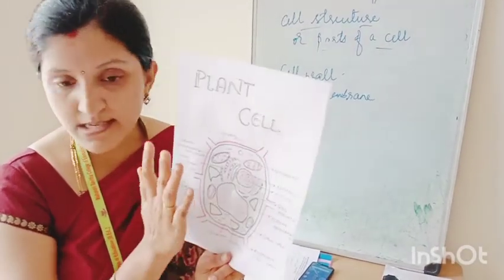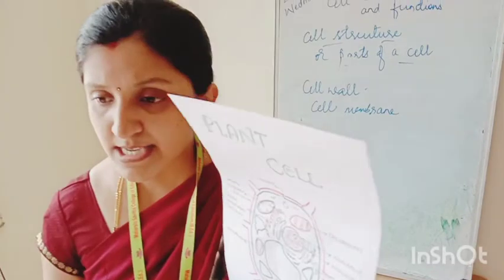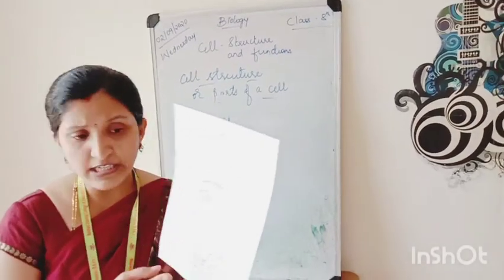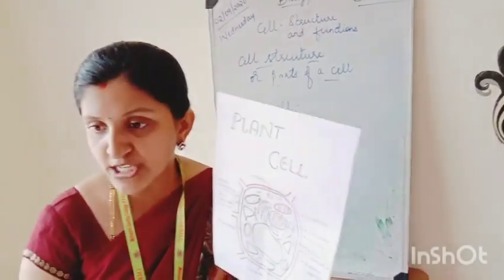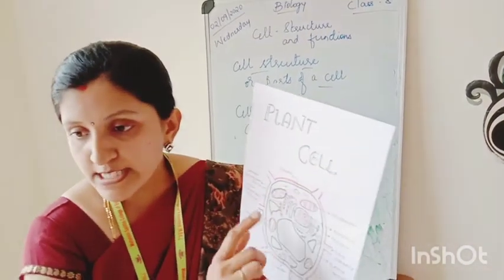It also provides rigidity to the plant cell, because plants cannot move. They get exposed to a lot of violent conditions, like higher wind rates and temperature. In order to get protected from all those, the cell wall is present.